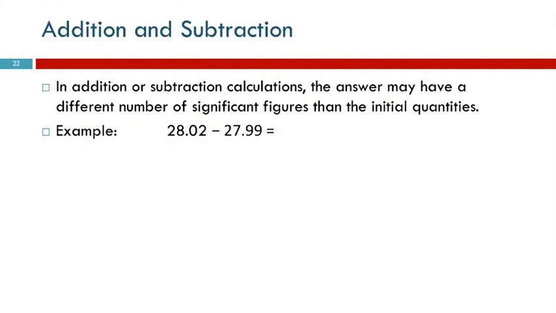So in this example, 28.02 minus 27.99, how many decimal places should the answer have? 2. Should have 2 decimal places. When I do this on my calculator it shows me 0.03.